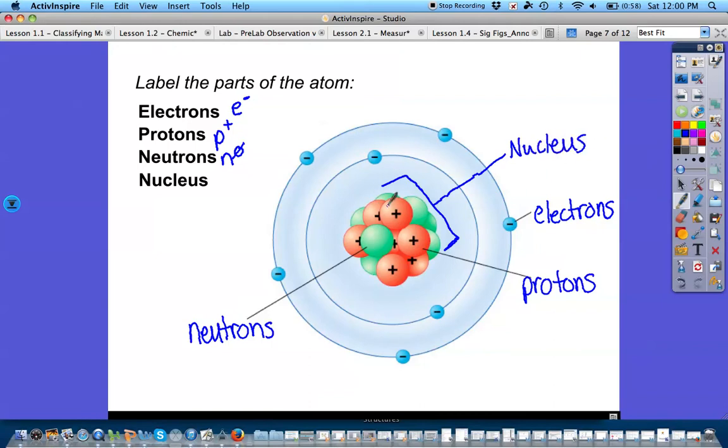And the electron cloud is just basically anything outside of the nucleus where these electrons are located. So I'm just going to label that even though we didn't have that on our list of things to label. So now we have our diagram of the atom labeled.